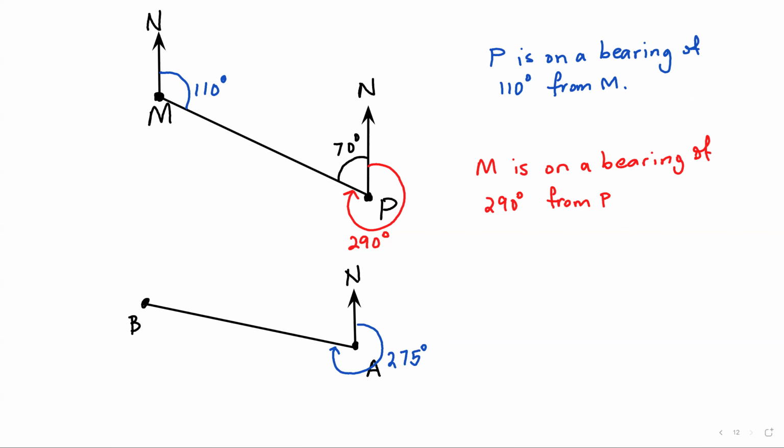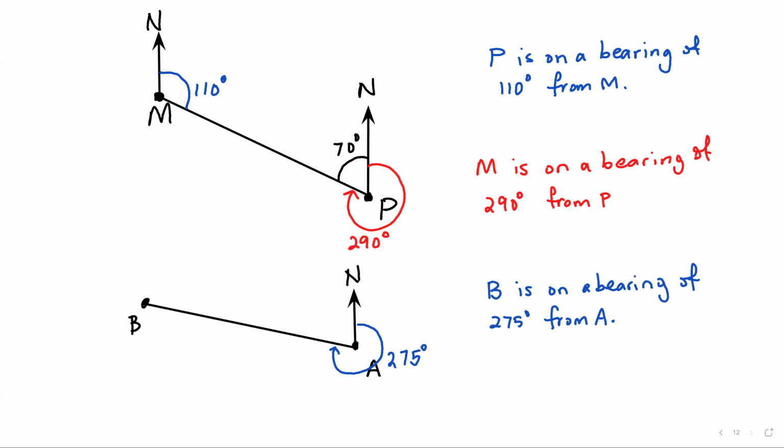So B is on a bearing of 275 degrees from A.